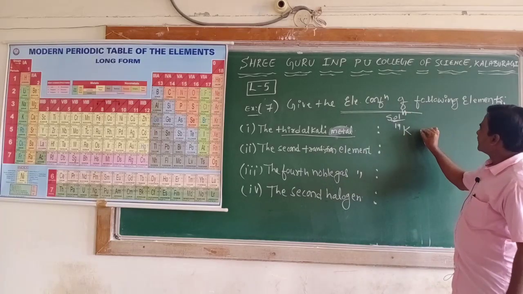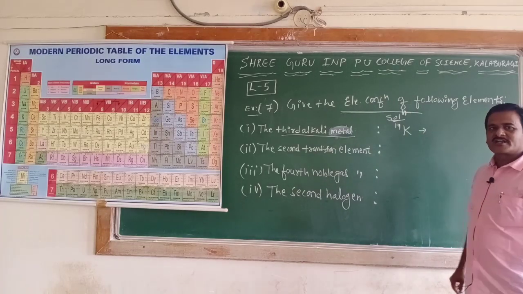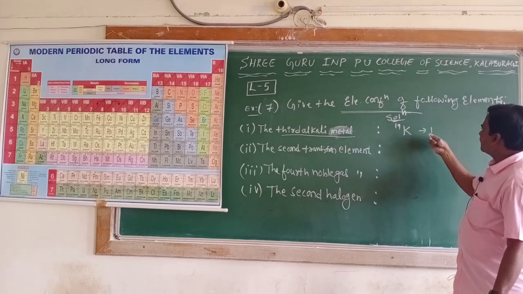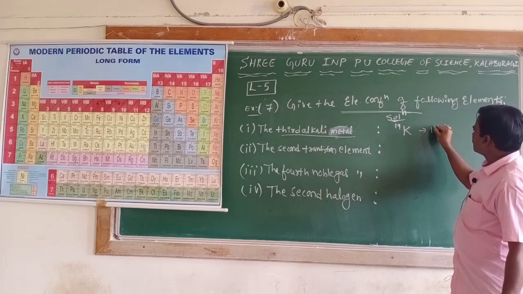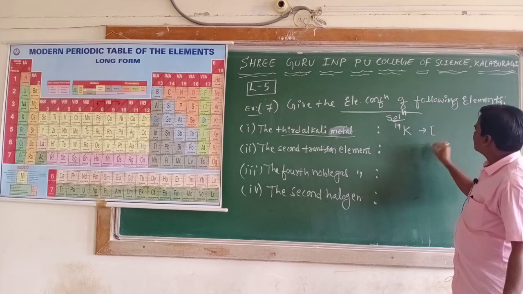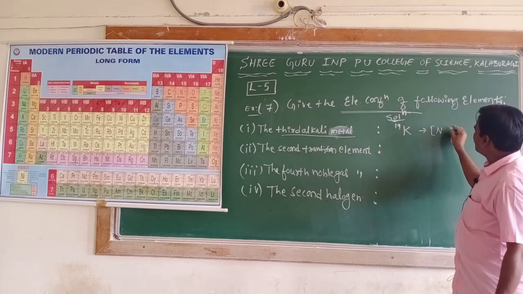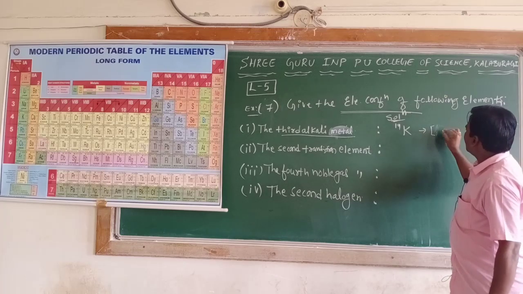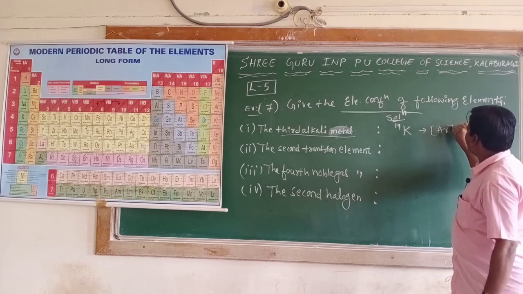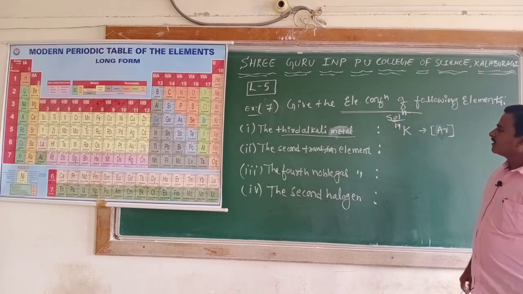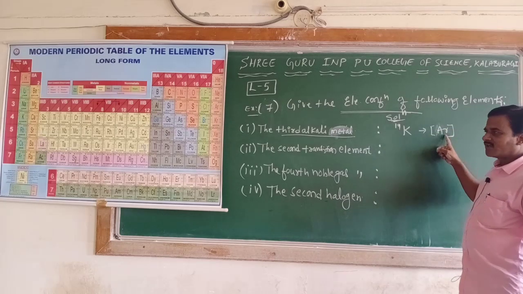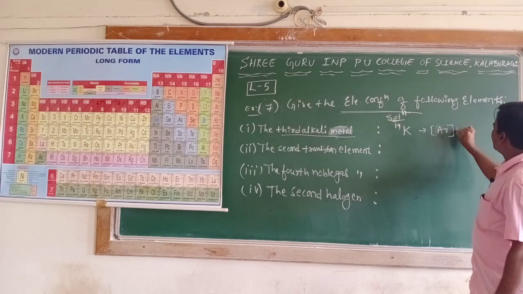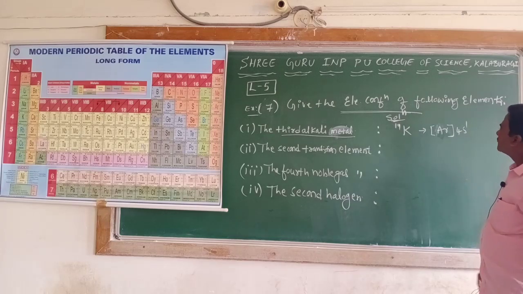You can write the electronic configuration with the noble gas core: argon noble gas core, 18 electrons, and it belongs to the fourth period. The third alkali metal, fourth period, it is 4s1.